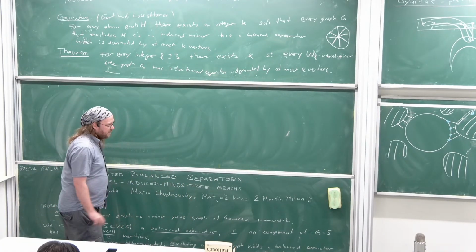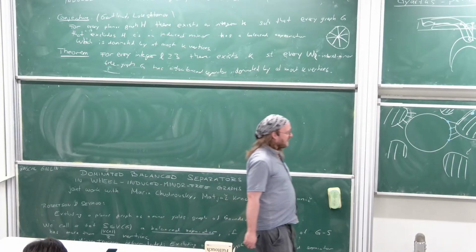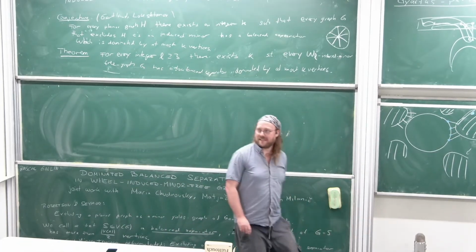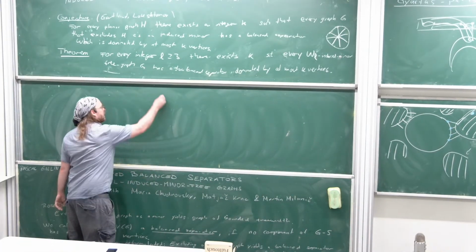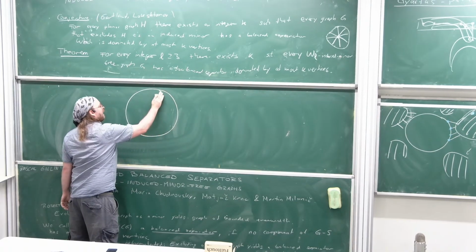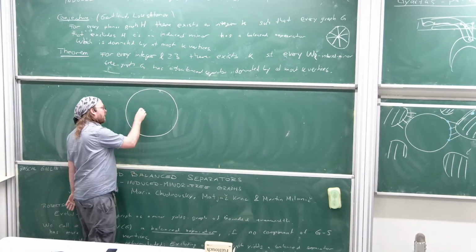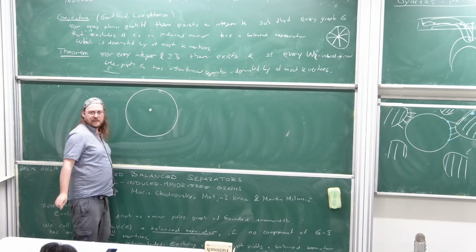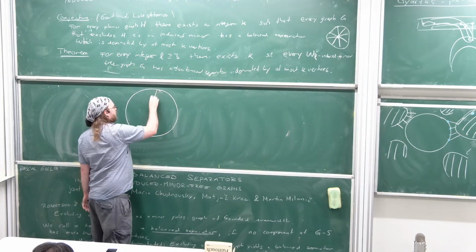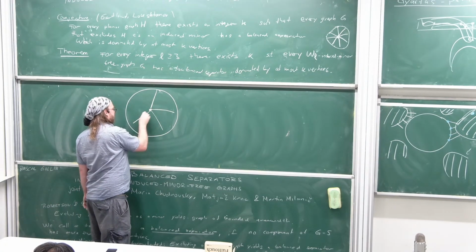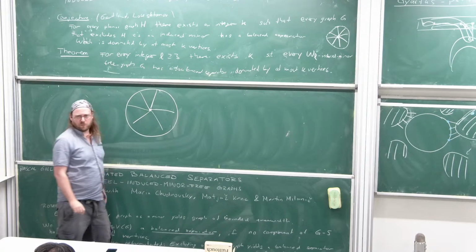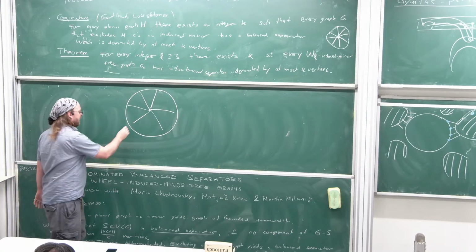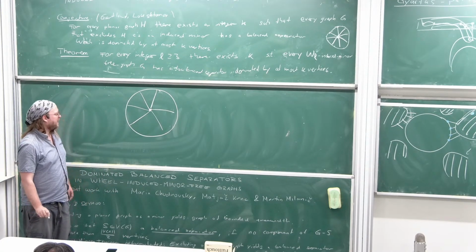Okay, so let's first see where this L-1 squared comes from. So let's say we have our cycle, and let's focus now on a single vertex here, which has at most L-1 neighbors on this cycle.